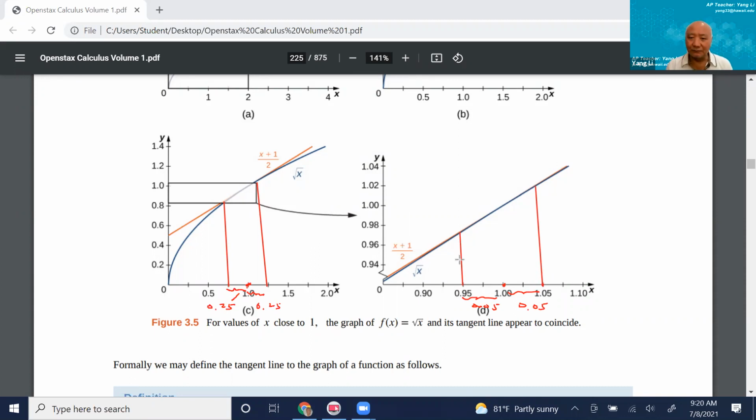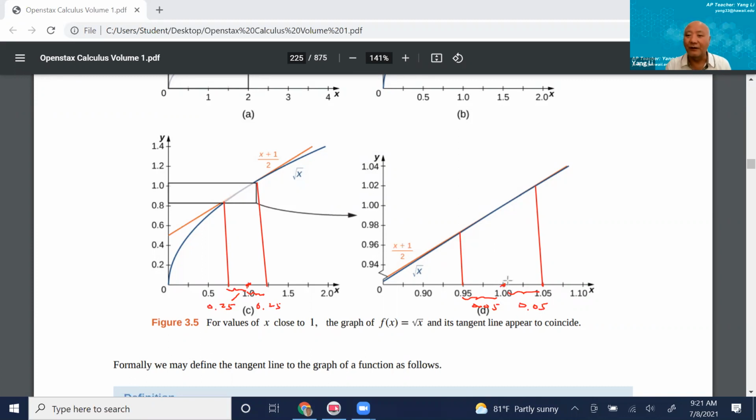From this process, we will learn, and later we're going to study this, that we can use the tangent line to approximate the value of the function if the value of x is very, very close to the given point.